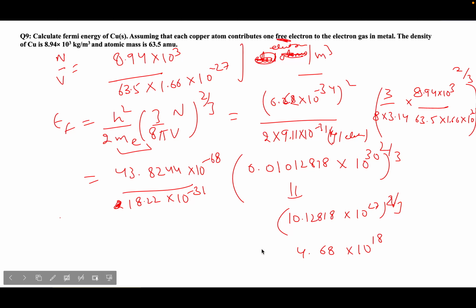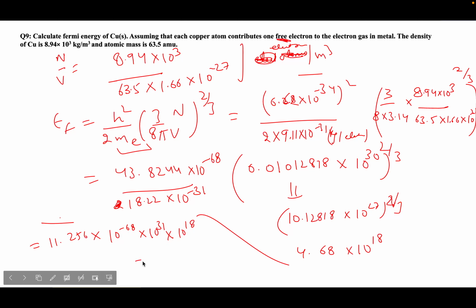Multiplying it with 43.8244 and dividing by 18.22 gives 11.256 into 10 to the power minus 68 into 10 to the power 31 into 10 to the power 18.